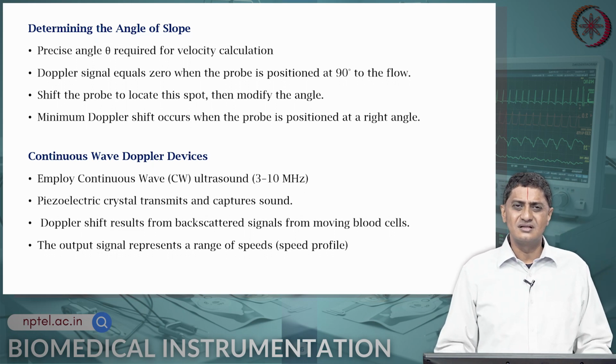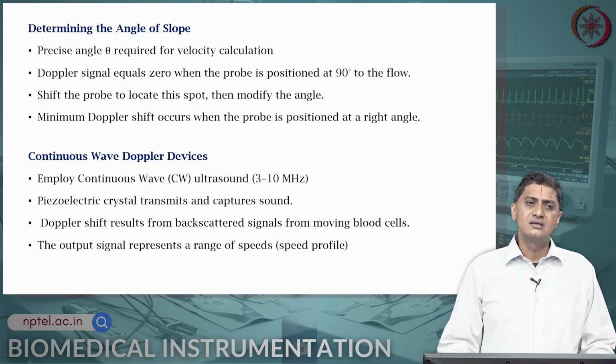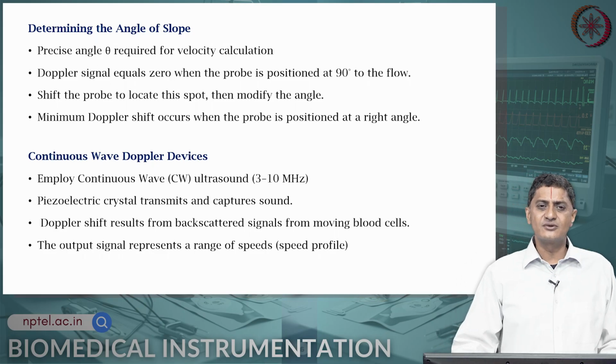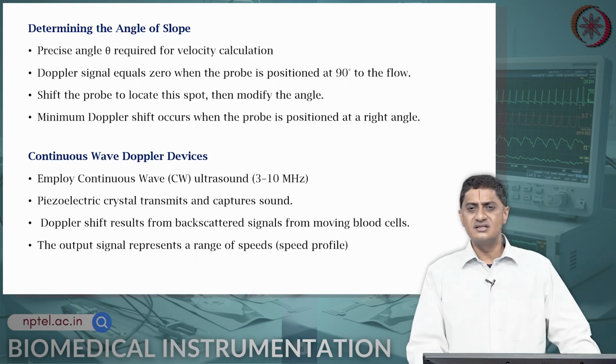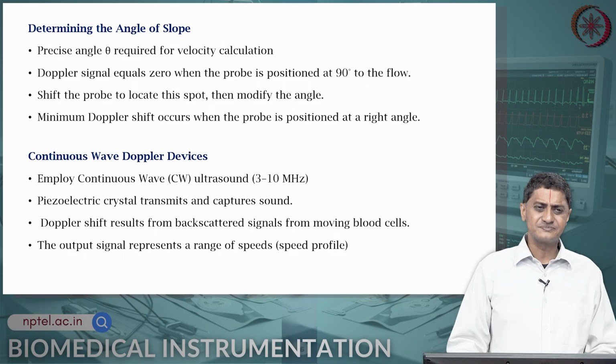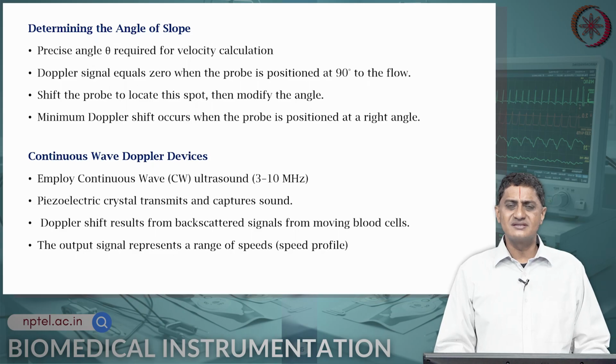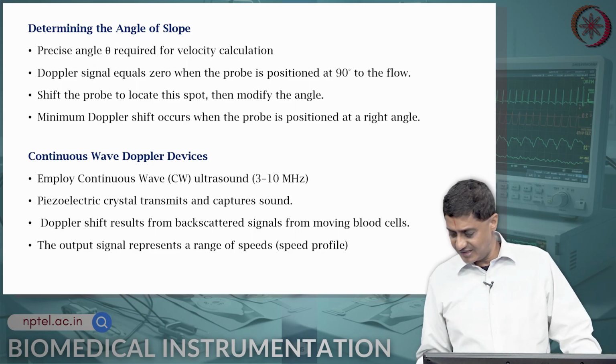What are these? Lead zirconate titanate, for example. The Doppler shift results from the backscattered signals from the moving blood cells. The output signal is essentially a range of speeds, or a speed profile.